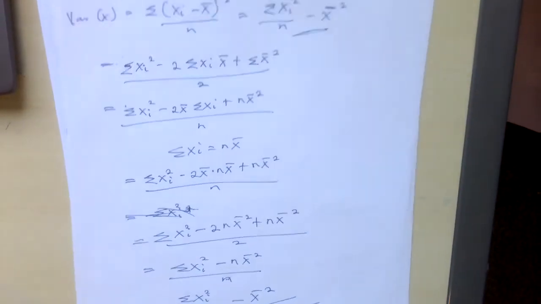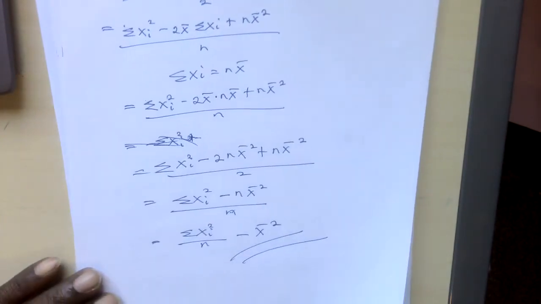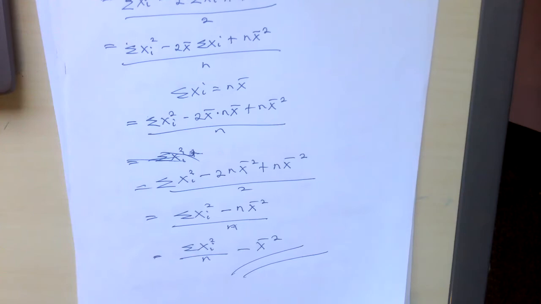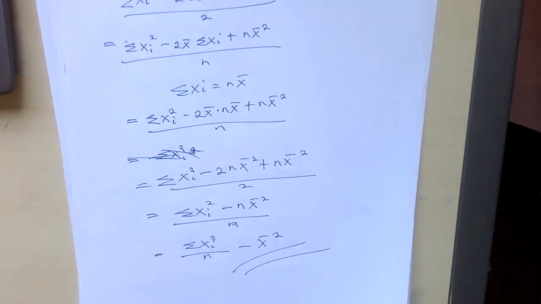I believe you understand this. Any part you don't understand, you can always send me your question. Yeah. So for the same, also for the sample, let me show you that part here.